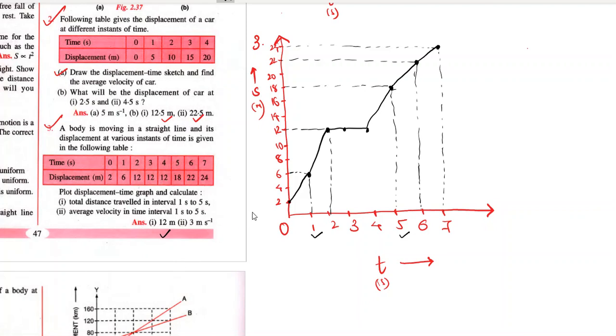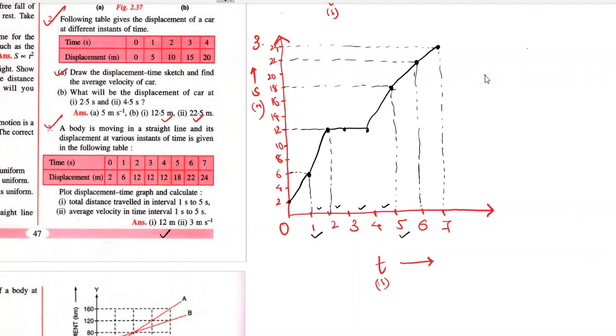That is correct. What is the average velocity in the time interval 1 to 5 seconds? Again, let me tell you, the total displacement is 12 meter. And what is the time interval from 1 to 5 seconds? The time interval is 1, 2, 3, and 4 seconds. Right?